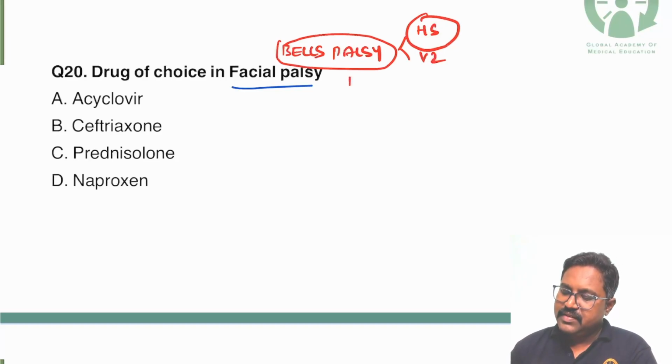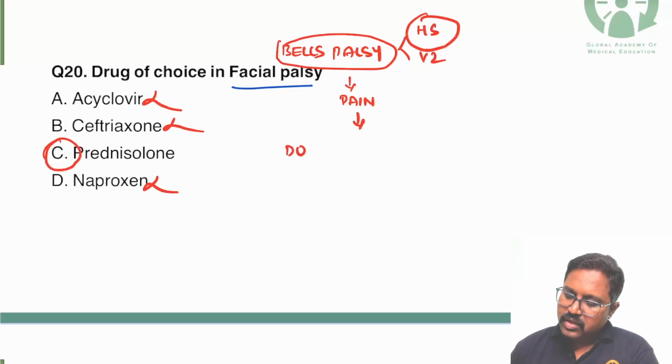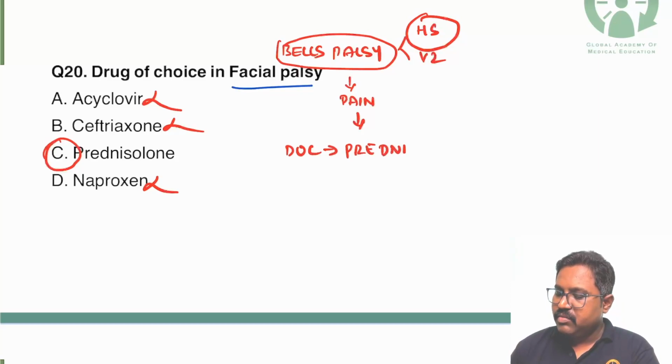Initially, since there will be a lot of pain, instead of giving antiviral drugs, we need to go for a very important drug, not naproxen, not ceftriaxone, not acyclovir. I need to go with prednisolone. So the initial drug of choice to relieve pain will be the corticosteroid, prednisolone. After the pain is relieved, you can go with the antiviral drug, acyclovir.